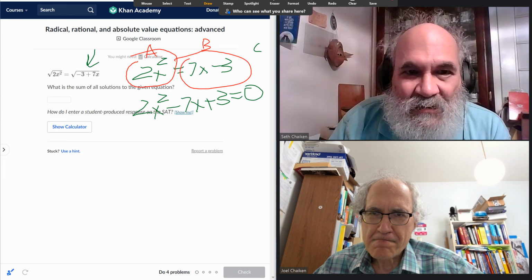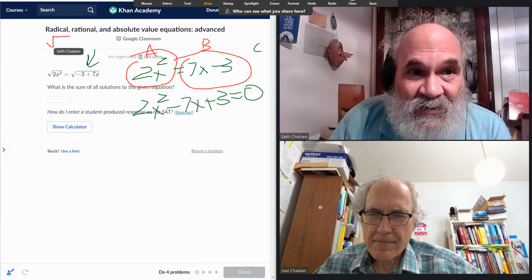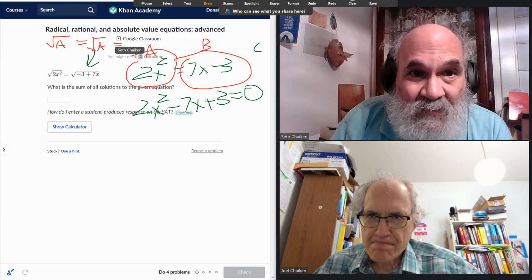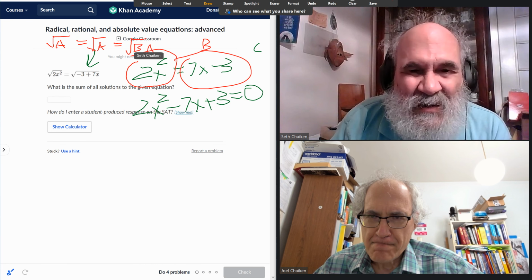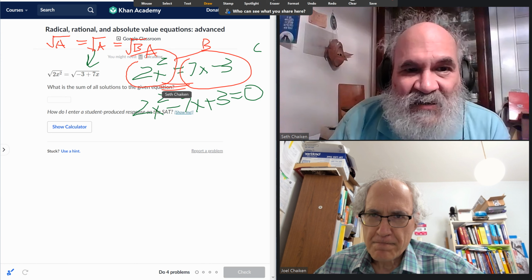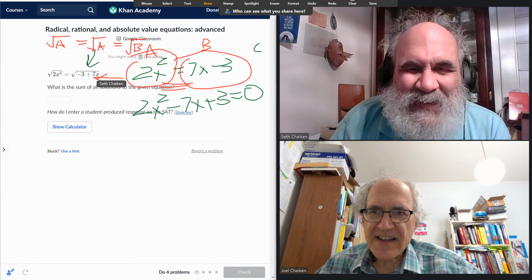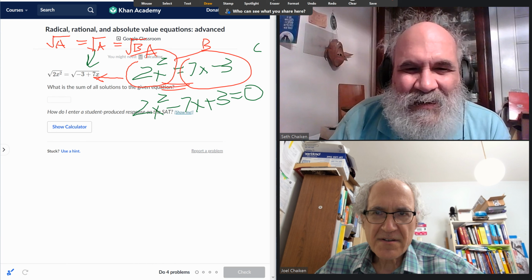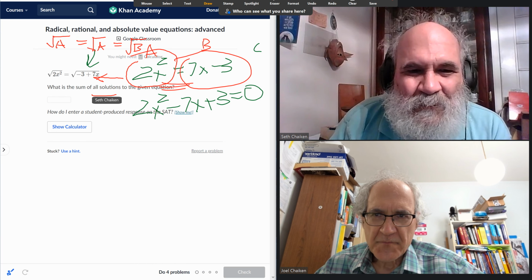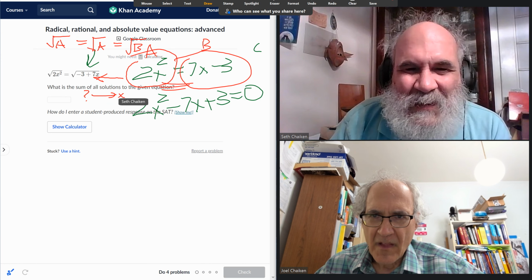So the square root of A is the same as the square root of B. So you don't get any solution of this that's not a solution of that. Oh, you're saying that you don't get an extraneous solution in this case? Well, is it possible to get a solution of this that is not a solution of this? I don't know.